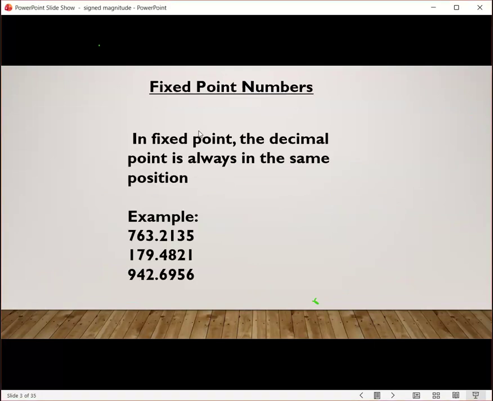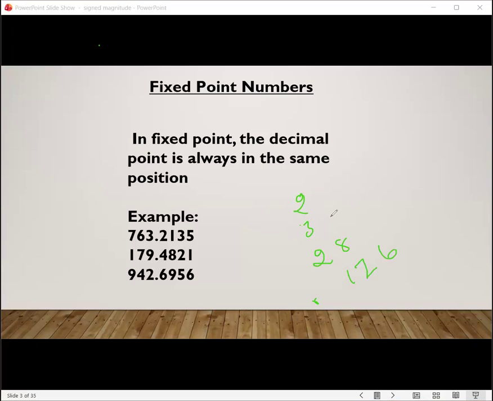Okay, next we'll move on to fixed point numbers. Usually when we write a decimal number, we write it as any number, 2, 3, or 28, or 126.